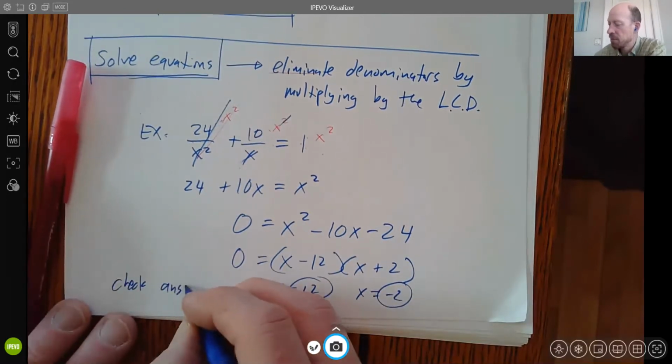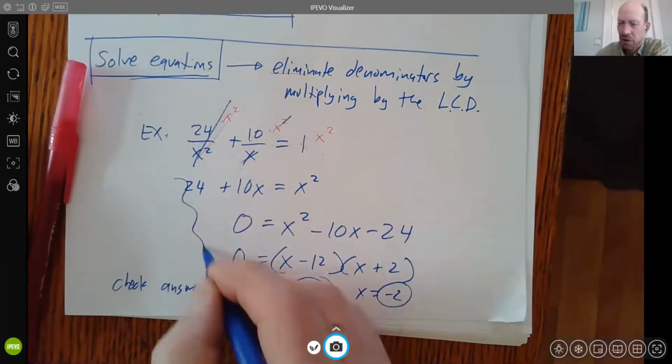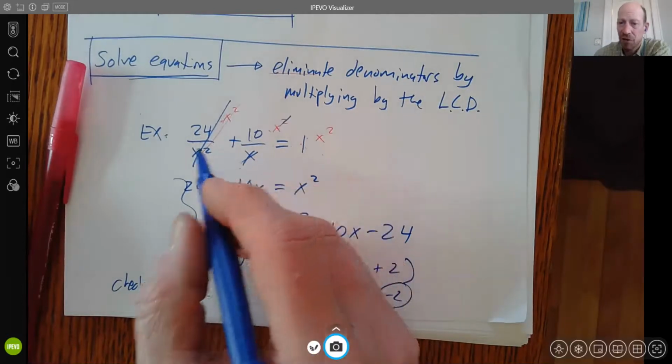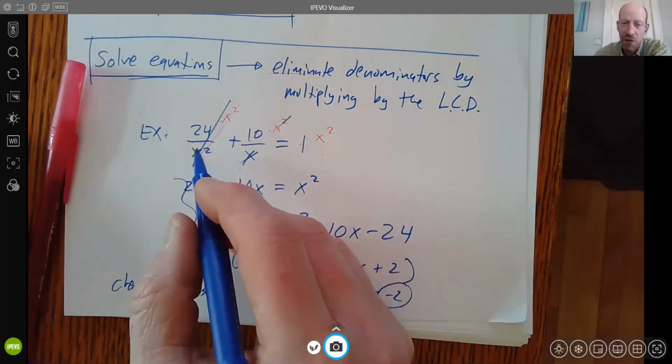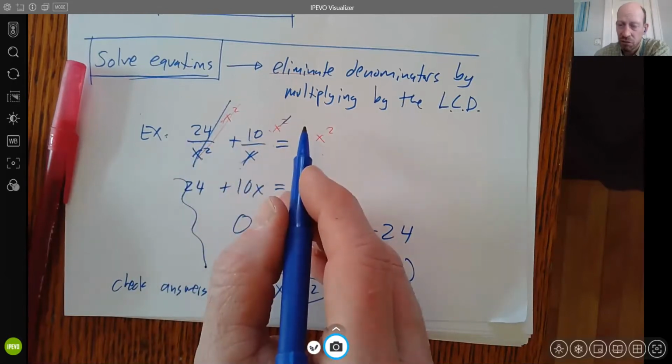Now, luckily, you don't actually have to go all the way through and check that your answer really does make the equation true. Assuming you did all the work correct here, you just have to check to make sure that these numbers don't make the denominator 0. If they don't make the denominator 0, then they're going to work in your equation.